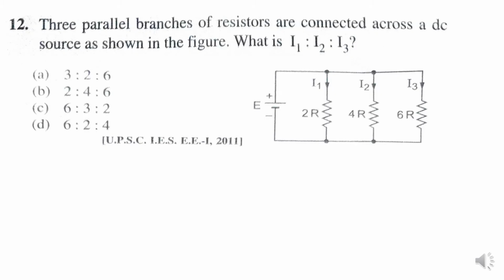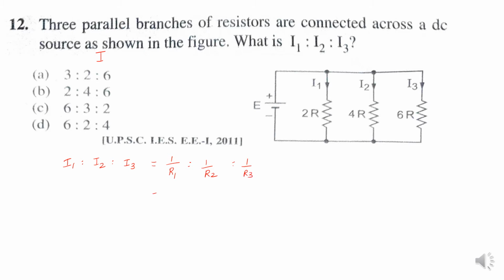The next problem, the same type of problem here. Three parallel branches of resistors are connected across the DC source. What is I1 is to I2 is to I3? That is the question. So I1 is to I2 is to I3 is equal to what? 1 by R1, the same, is to 1 by R2 is to 1 by R3.